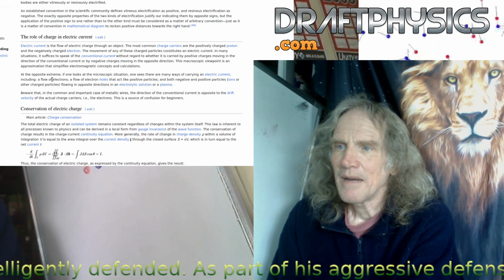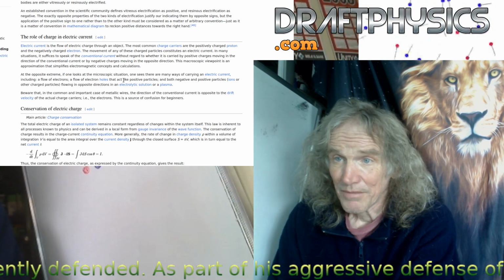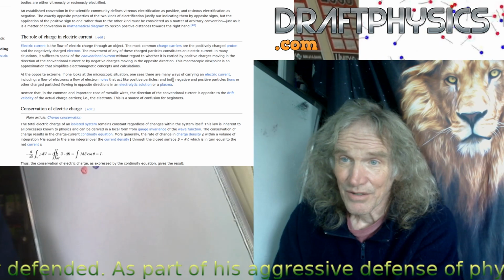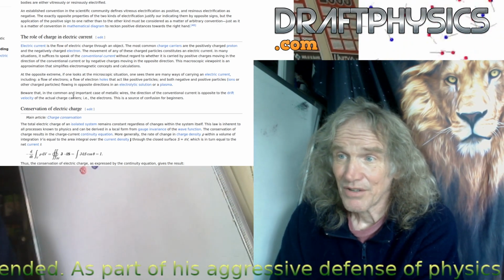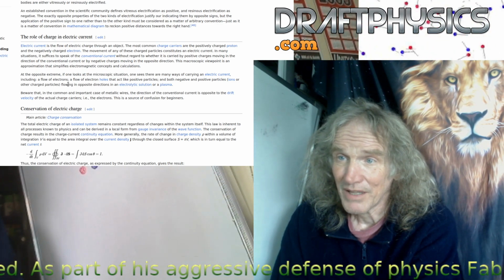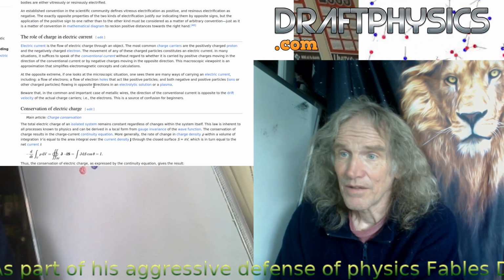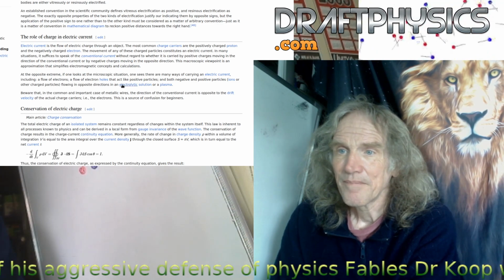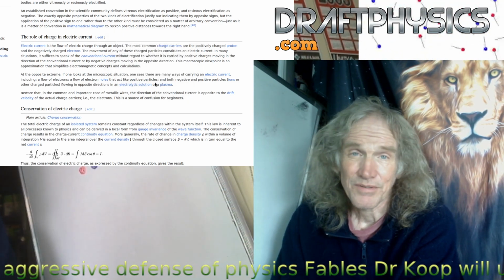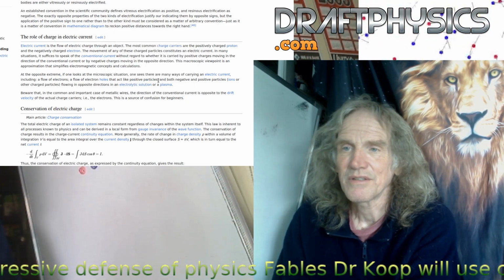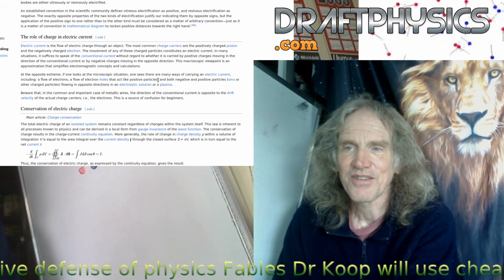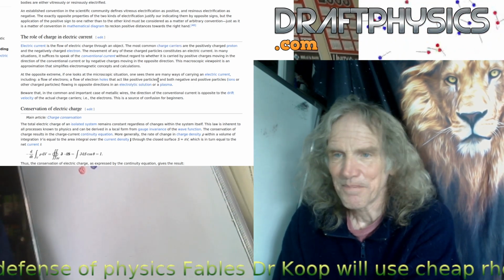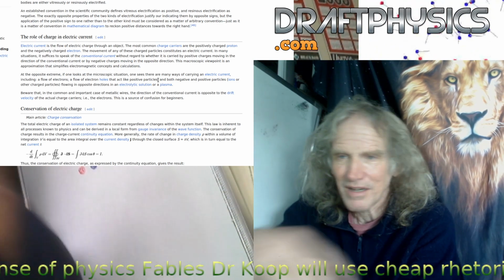All right, at the opposite extreme, if one looks at the microscopic situation, one sees that there are many ways of carrying an electric current, including the flow of electrons, the flow of electron holes that act like positive particles. So that's just nonsense. There are no holes, there's just the fact that there are fewer electrons to compensate for the protons.